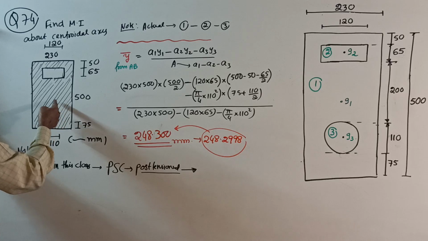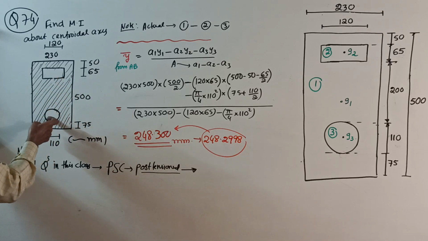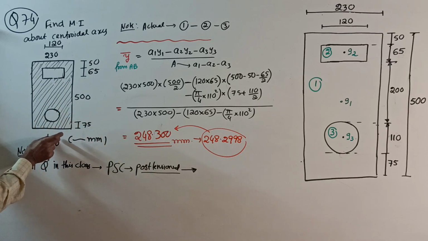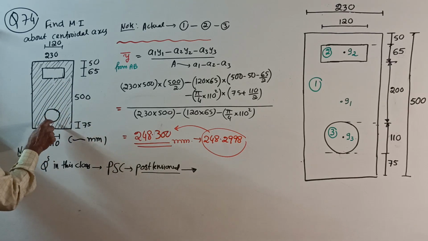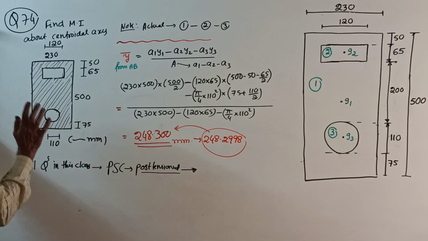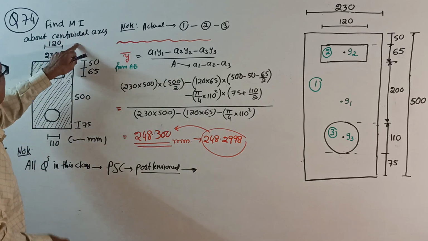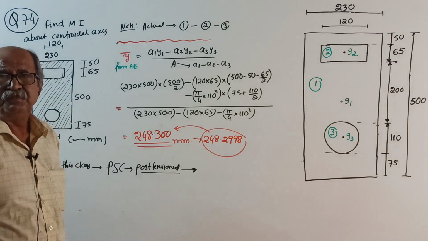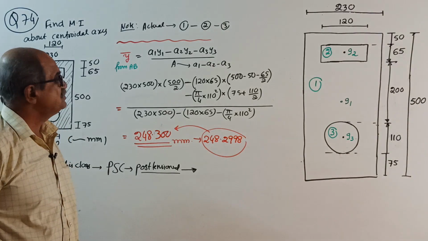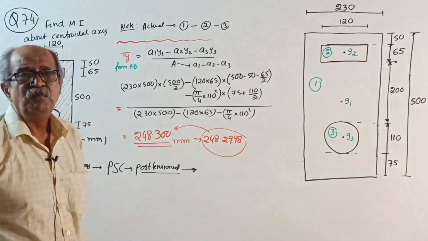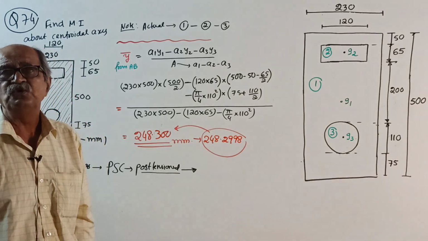Also, there is a circular hole of diameter 110. The bottom edge is at 75 from the bottom edge of the beam. Find the moment of inertia about the centroidal axis. So in general, this is a question of finding the moment of inertia for a rectangular section with rectangular and circular cutouts or holes.